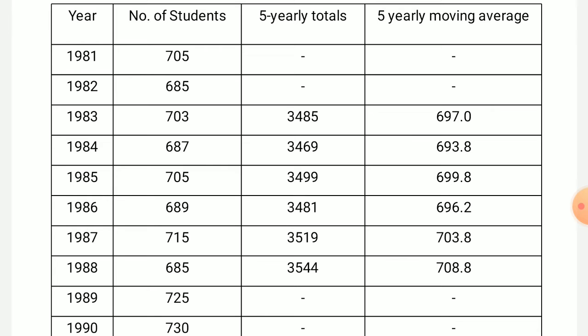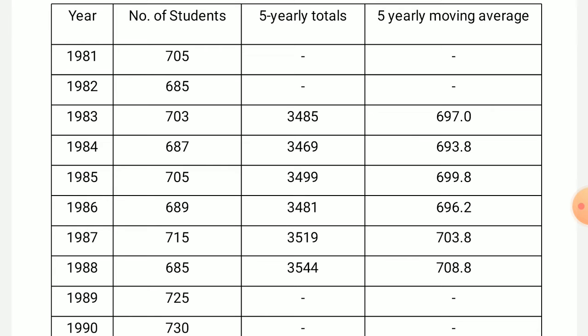And leave the first year's value, and add up the values of the next 5 years. That is 1982, 83, 84, 85, and 86. Means 685 plus 703 plus 687 plus 705 plus 689.